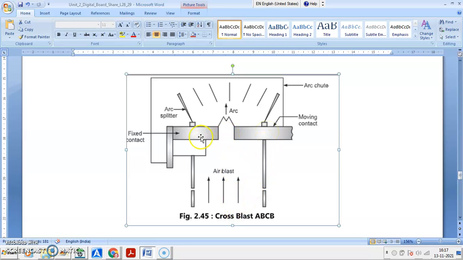The cross means 90 degrees with the arc. Blast effect is applied. Forceful air is applied on the arc. So the arc gets cooled, arcing particles get removed, swept away inside the arc filters, and the arc gets quenched. Why is it called cross? Because it is 90 degrees with the arc. Understood?